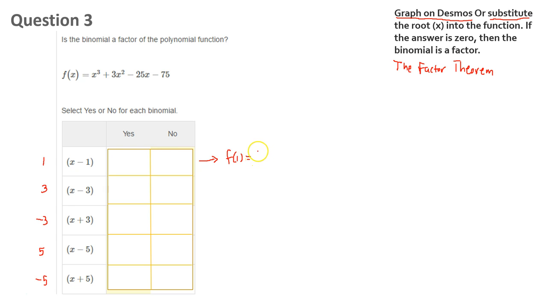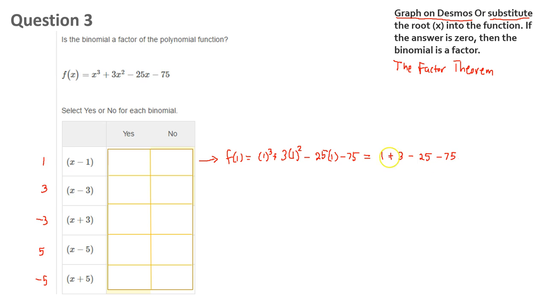So let's start with the first one. Again, we're substituting 1 into our original polynomial function. So 1 times 1 times 1 is 1, plus 1 times 3 is 3, minus 25 times 1 is 25, minus 75.